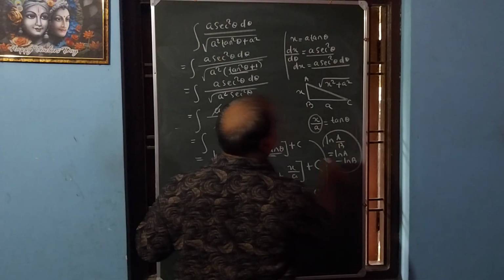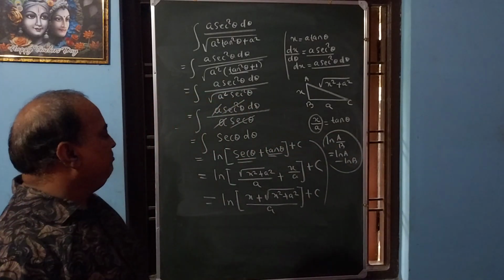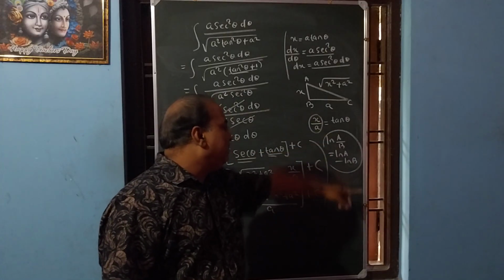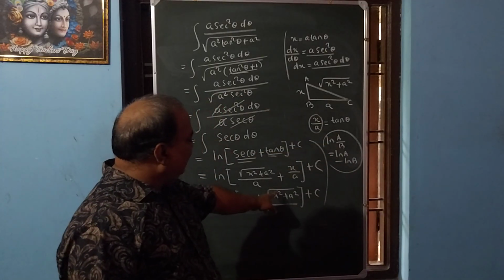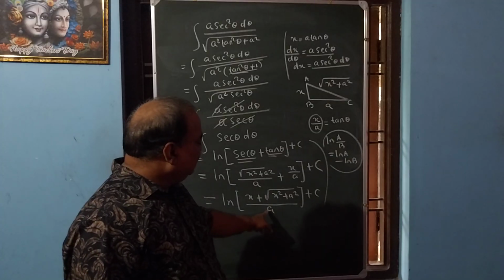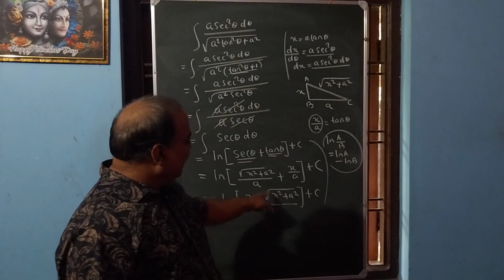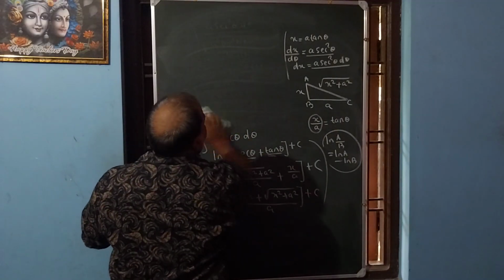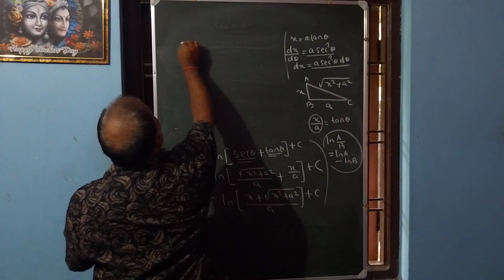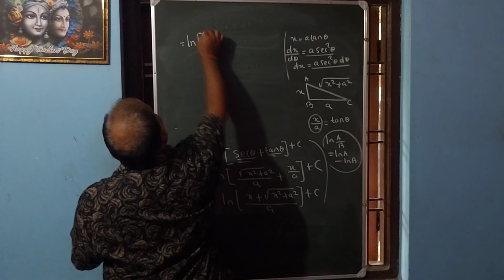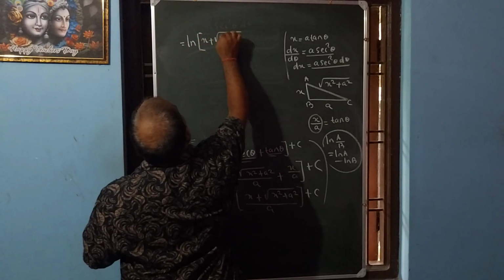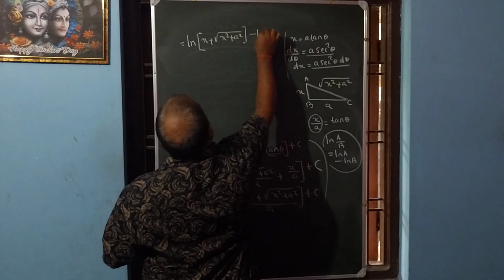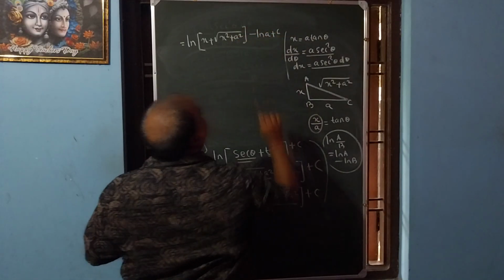That is one logarithm formula. So applying that formula, it can be written as ln of x plus root over x square plus a square, minus ln a, plus c.